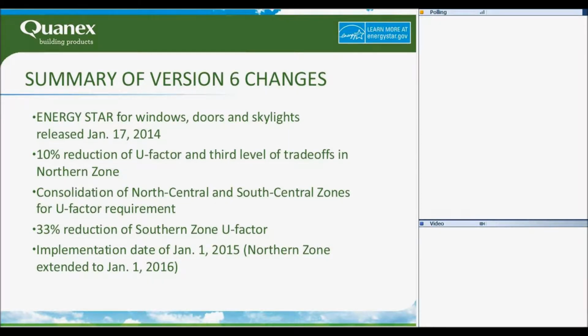But some major points of differentiation are consolidation of the North Central and South Central zones U-factor requirement, and a reduction of the Southern zone U-factor by 33%. These two go into effect on January 1st, 2015. Additionally, there is a 10% U-factor reduction and a third level of trade-offs for the Northern zone, which goes into effect January 1st, 2016.